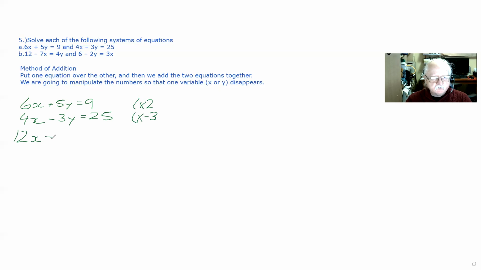12x plus 10y equals 18. And down here we get negative 12x plus 9y equals negative 75.